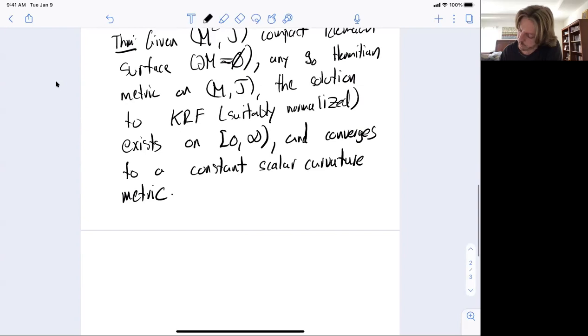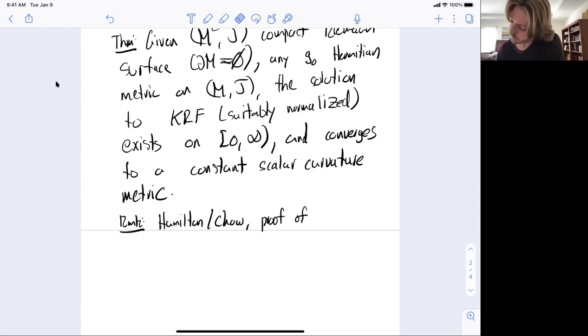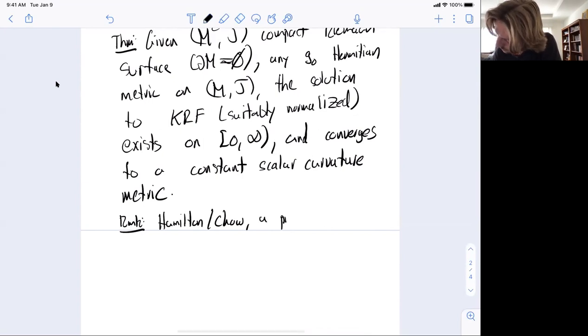And just as a remark, it's fairly well known, but not completely well known. This is originally due to Hamilton and Chow, although the a priori proof of uniformization came much later.